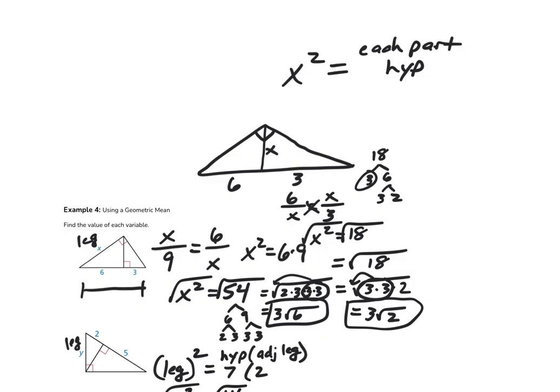So 6 and 3 are the whole hypotenuse, but they're the two parts. So here I would do x squared equals 6 times 3. If x is my altitude, I'm going to multiply these two together. That's it. And then do your radical, okay? If x is one of my legs, then I got to find the adjacent leg to the hypotenuse, okay?